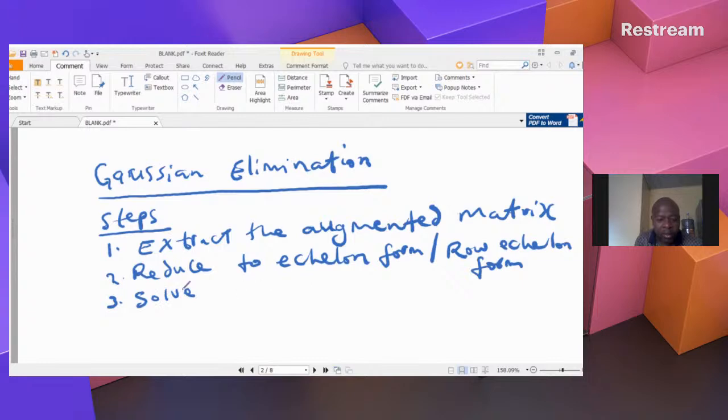After you've reduced this matrix to echelon form, you solve the resulting system from down going up.